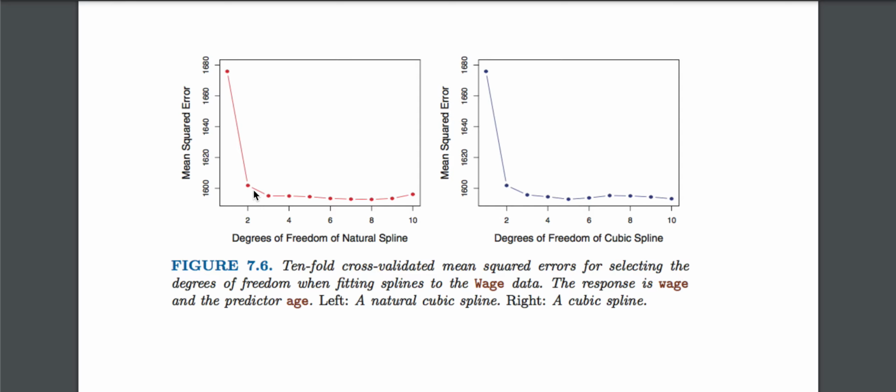Then boom, we come down, down, and then somewhere here, this is the minimum. These two don't show a big difference. And it seems like 4 or 5 degrees of freedom, or degrees of freedom of 6, 7, here it's 5, are attaining the minimum cross-validation error.